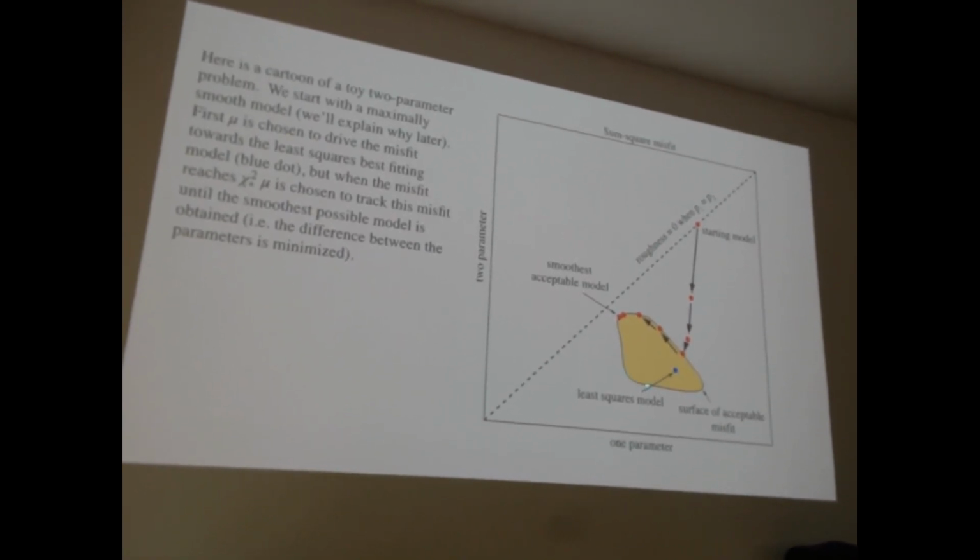And then this surface here is my area of acceptable solutions, the one that's giving me my target misfit. I start here and I drive the solution down towards the least squares solution until I hit my target misfit. And then I keep going, and the model gets smoother and closer to the smoothest model until it gets to the smoothest point on this surface. And then it just doesn't go anywhere. It converges, which is nice.